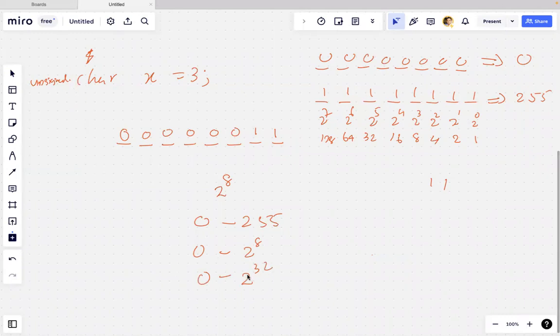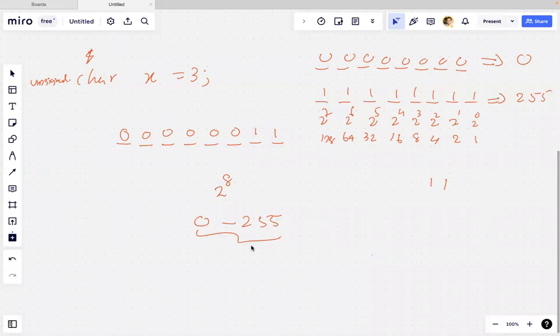Since this is a larger value, I am going to explain the character value. Now, if you are using characters, that means 8 bits, how many different combinations are available? How many different values can you save? 0 to 255, how many different values?